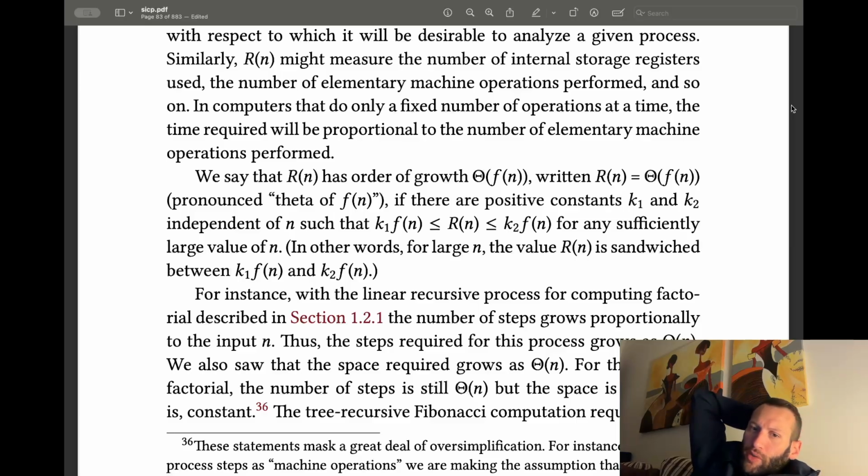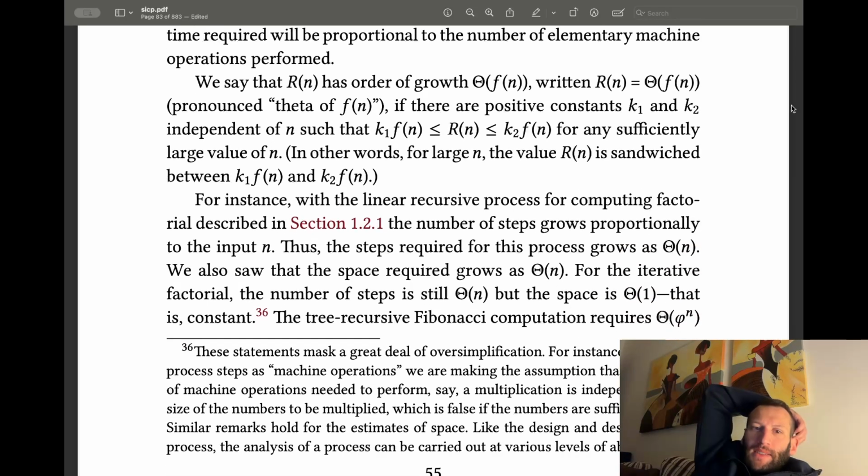In other words, for large n, the value R(n) is sandwiched between k1 f(n) and k2 f(n). Okay.